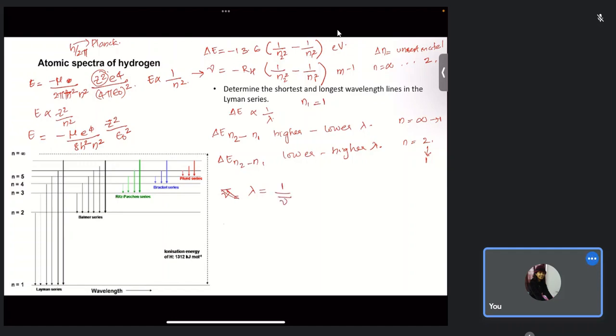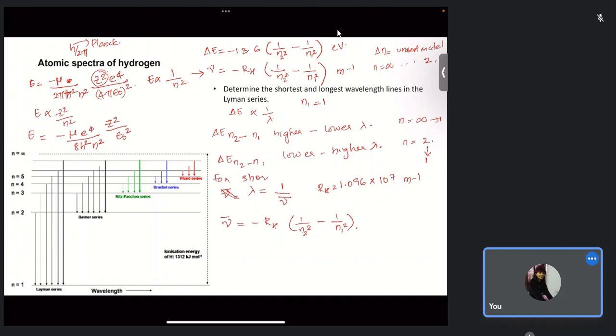If we find the wave number using minus RH times 1 by n2 square minus 1 by n1 square, we can find lambda. RH is 1.096 into 10 to the power 7 meter inverse.